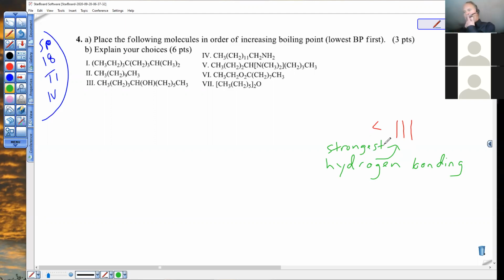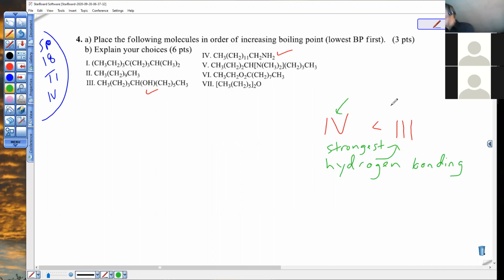The reason is an alcohol's hydrogen bonding is stronger than an amine, even an amine with 2 H's, because the O is much more electronegative than the H, and the N is less electronegative than the O, so it's not as polar a bond. So you've got your H bonding here, you've got that guy covered, and this guy you should put right over here, and at least acknowledge it has H bonding.